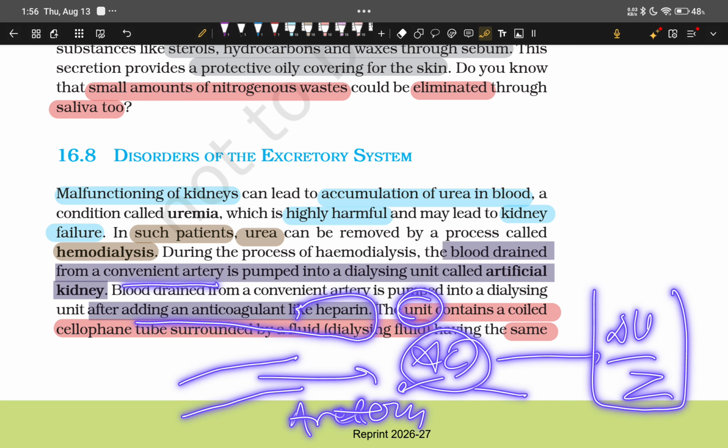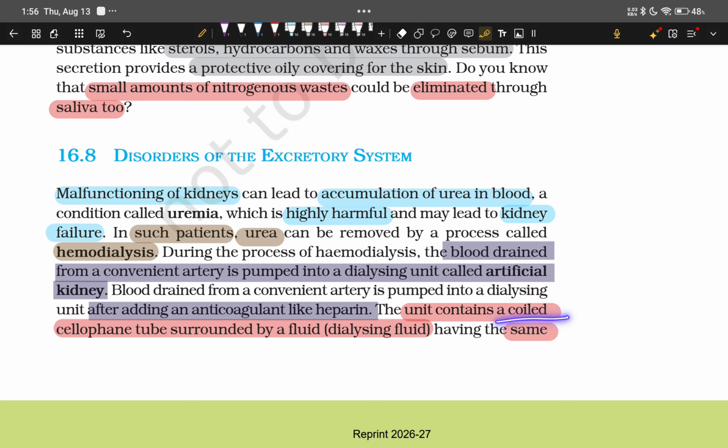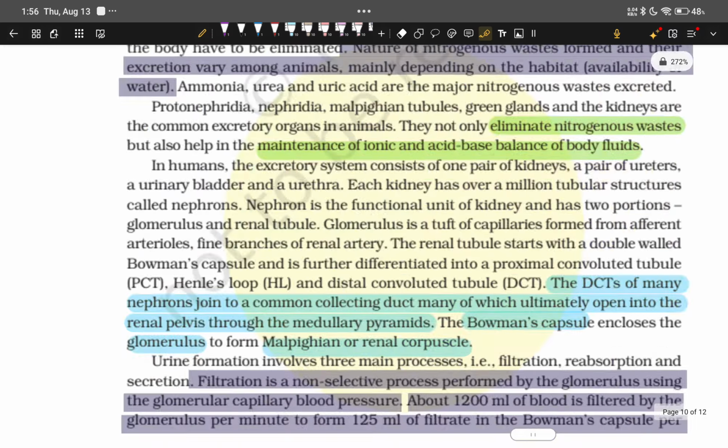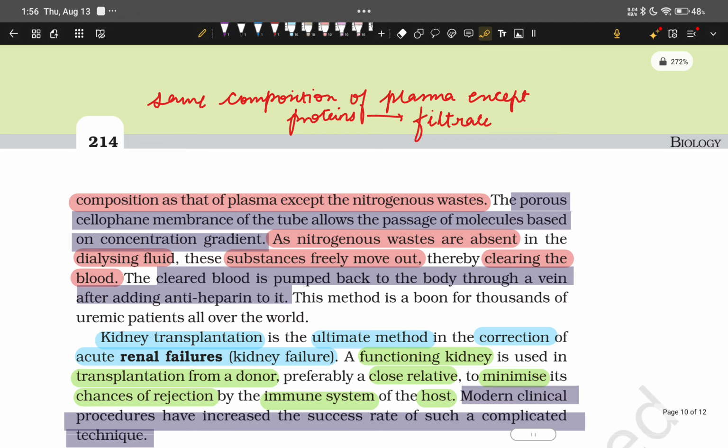One more thing, this dialysing unit has a coiled cellophane tube which is surrounded by the dialysing fluid. Now the dialysing fluid has the same composition as that of plasma, except nitrogenous waste. And the porous cellophane membrane of the tube allows passage of molecules based on the concentration gradient.